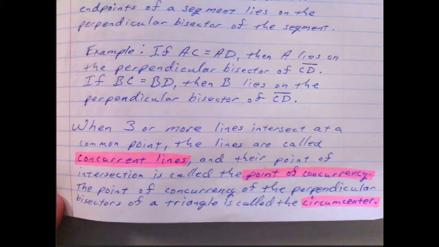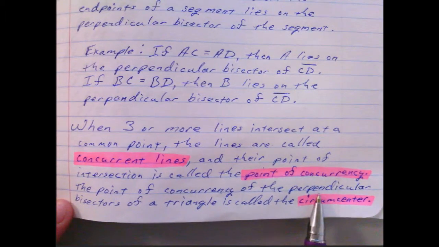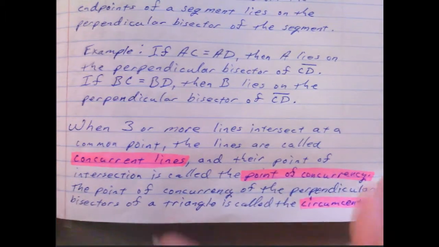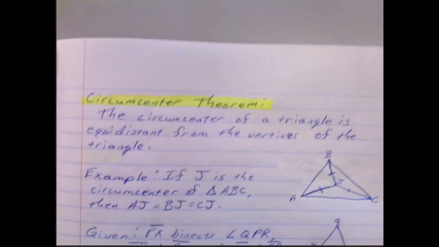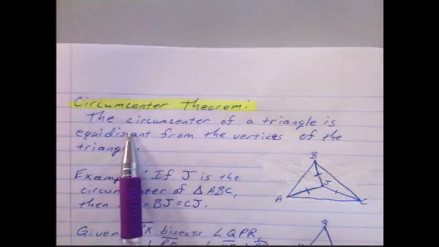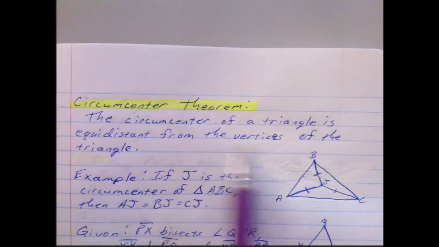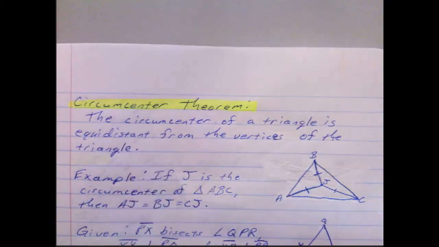So we always have three lines that would intersect. So we would have three perpendicular bisectors. Where they intersect is that circumcenter. And then we have some information that goes along with that. Circumcenter theorem. The circumcenter of a triangle is equidistant from the vertices of the triangle.